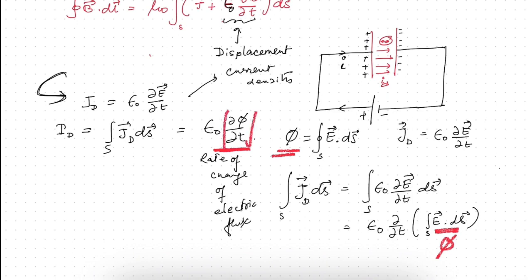When you multiply by epsilon naught, it becomes current. This whole term is known as displacement current.